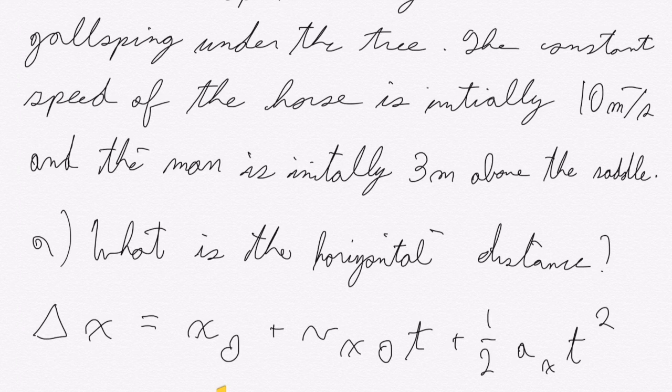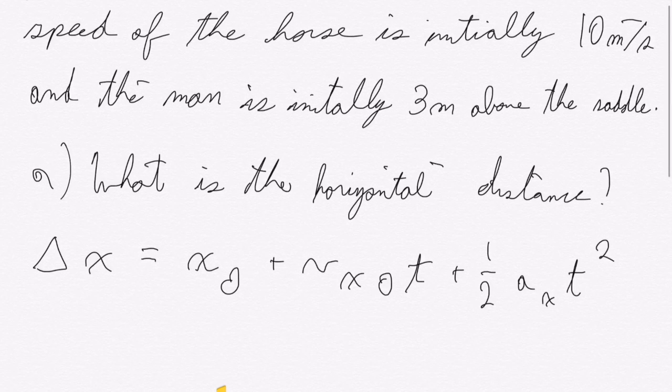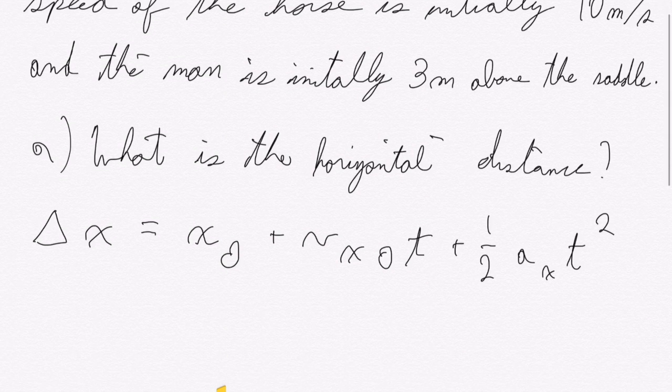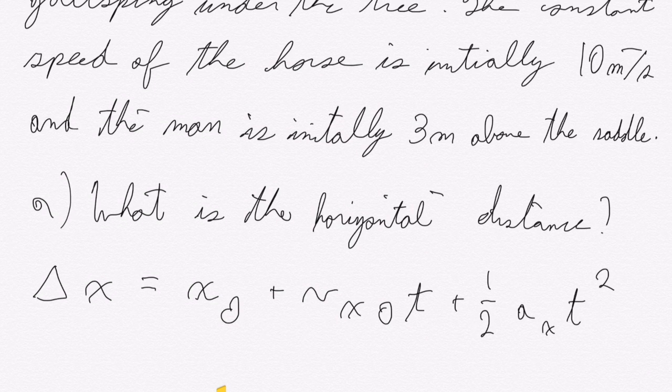So we would have to try and find the change in x. So what's the change in x here? The change in x would be the 3 meters above, because he's changing 3 meters.